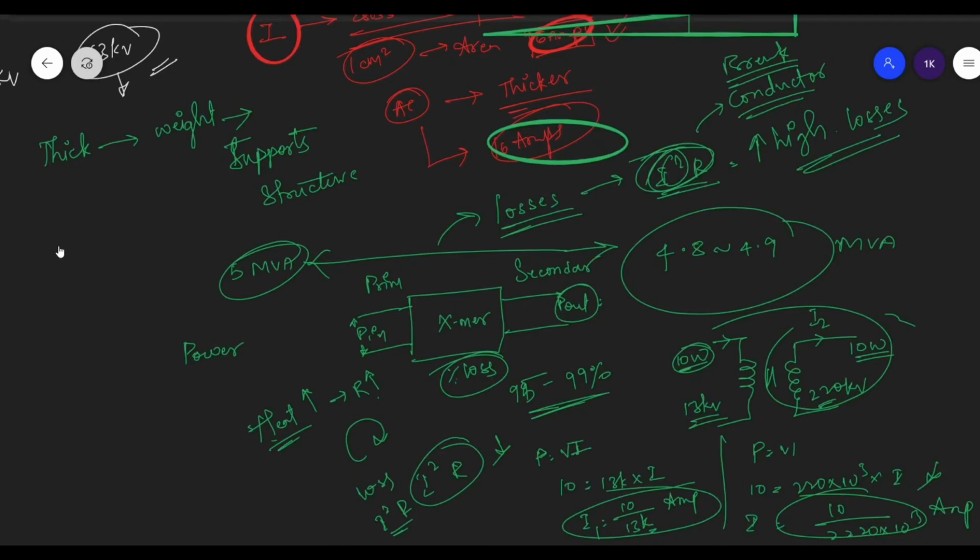These are the two main reasons. First is the conductor thickness, which ultimately reduces the cost of the overhead transmission lines, and the second is to reduce the losses or the heat developed in the conductors. So these are the primary reasons for implementing transformers in electrical engineering.